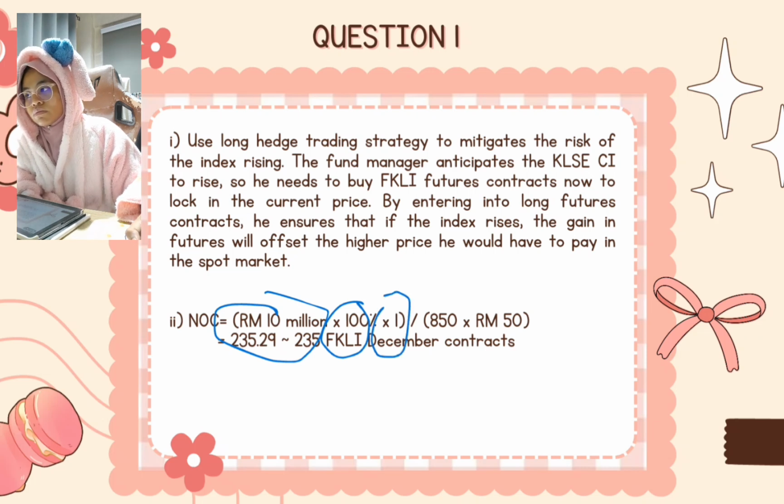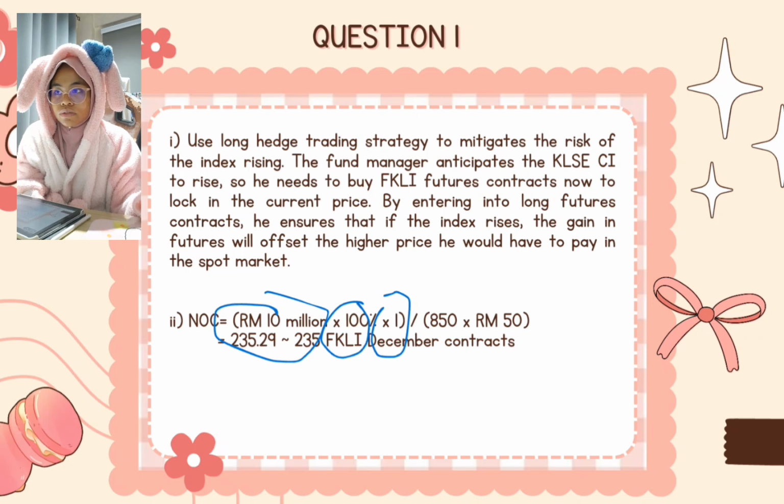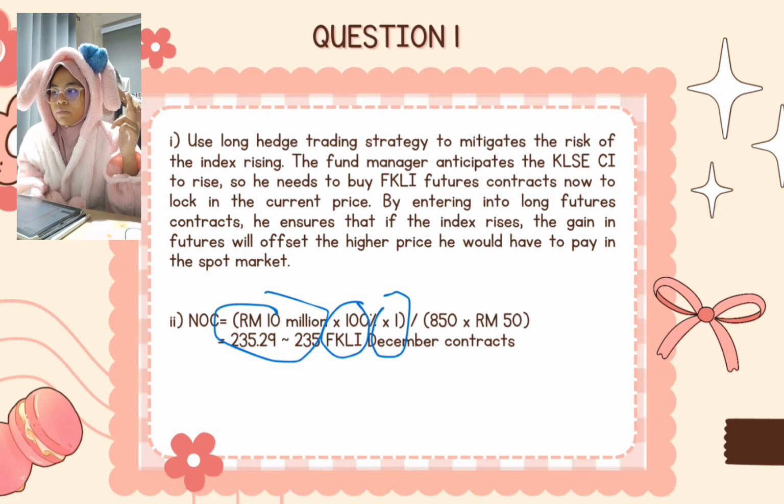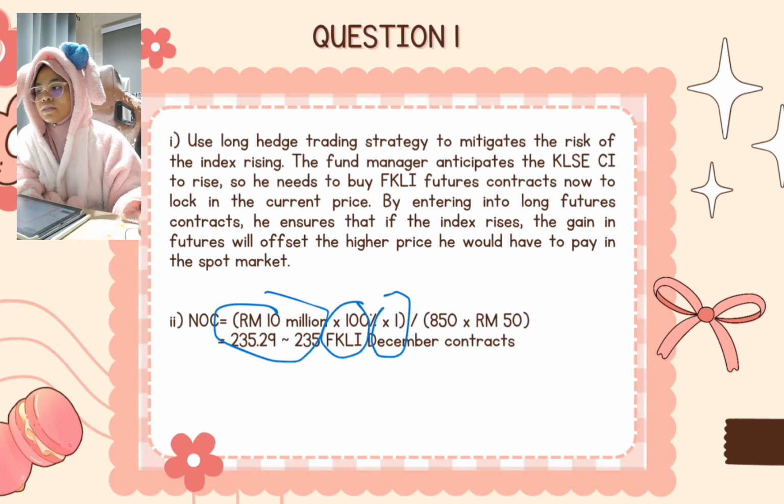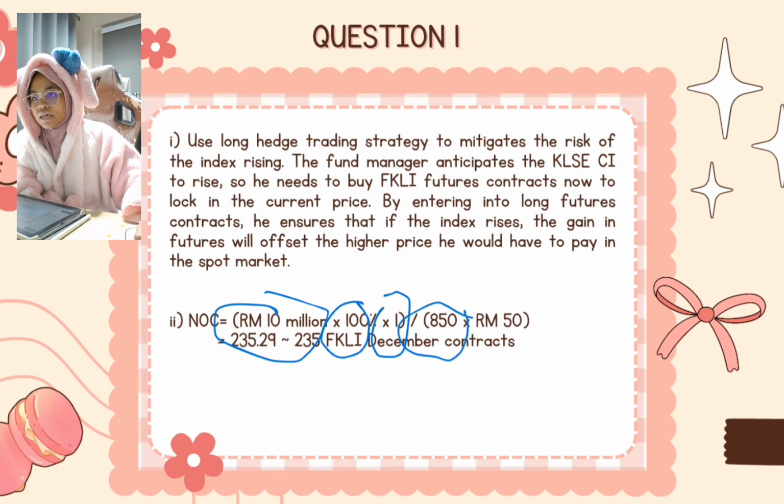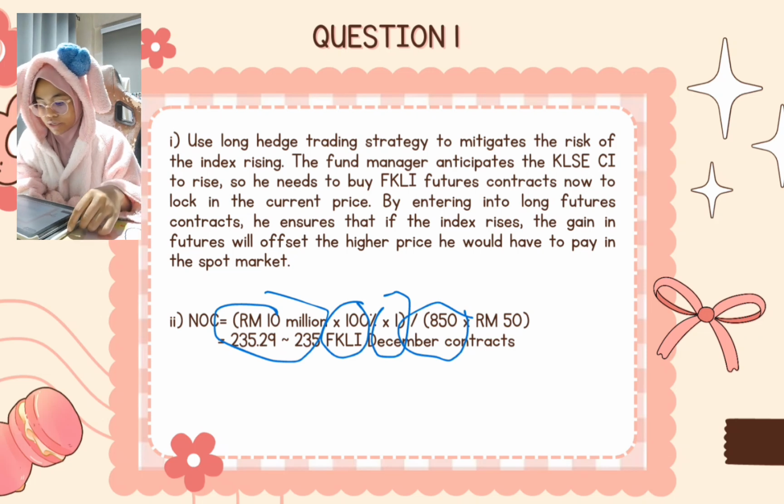So the formula is basically total exposure times percentage of hedge times beta, divided by the index points for the selected contract month times contract size, which is 50 ringgit for FKLI.